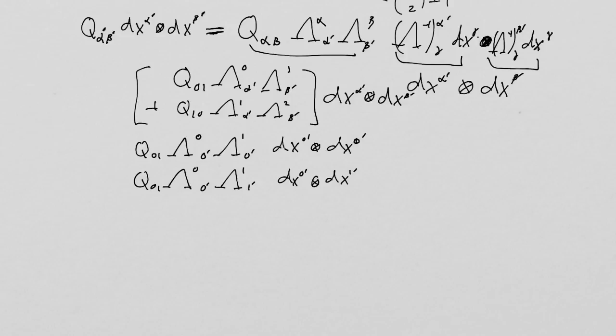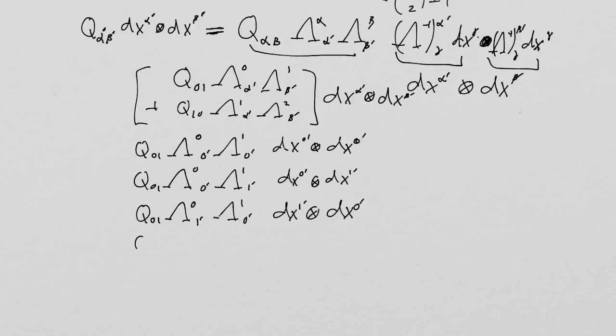So what's next? Then there's Q0, 1 lambda 0, 1 prime lambda 1 0 prime dx 1 prime tensor product dx 0 prime, right?